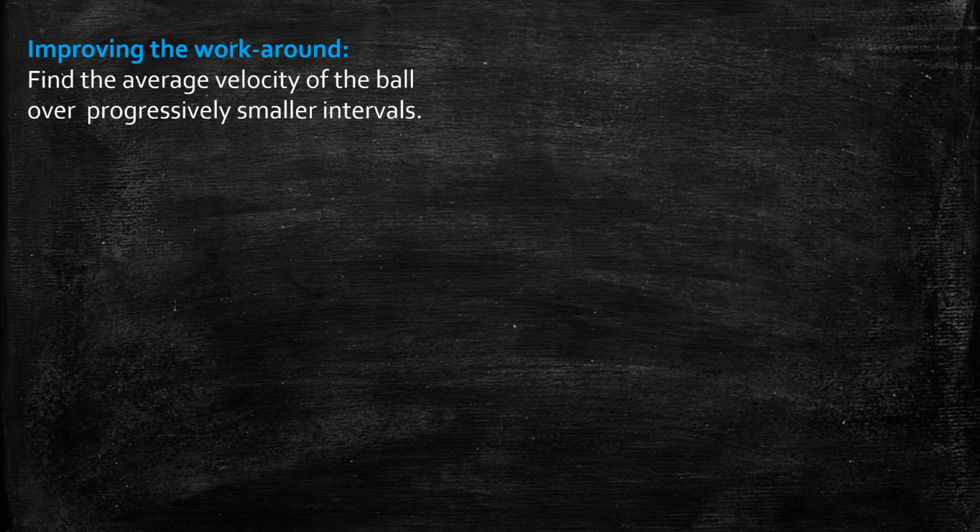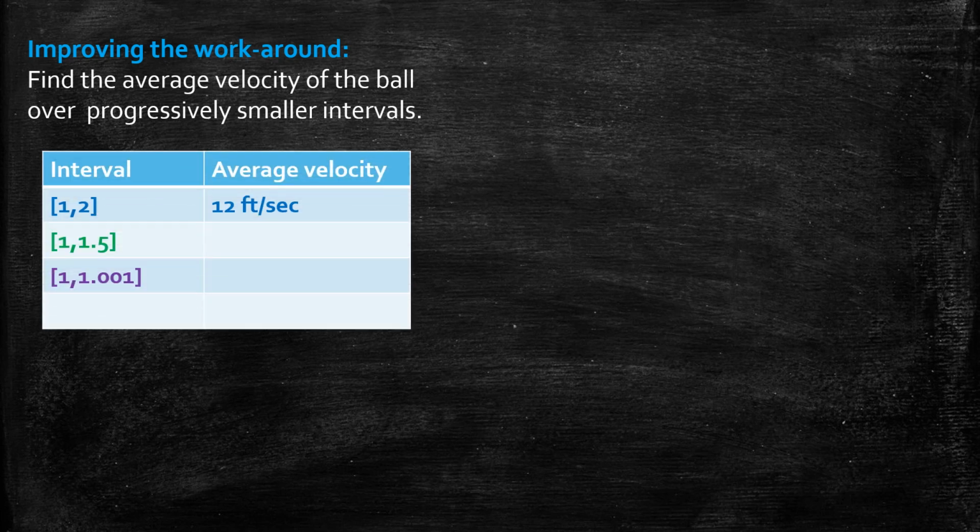So let's improve the workaround by finding the average velocity of the ball over progressively smaller intervals. We already calculated it over the interval 1 to 2. The average velocity is 12 feet per second. And now we're going to repeat for the other 2 intervals. So I'm calling up that average velocity formula, the slope formula in disguise. We're not going to do the calculations on this page. I'll leave it up to you, but I'll just show you the general format.